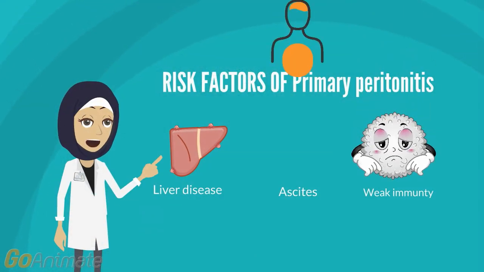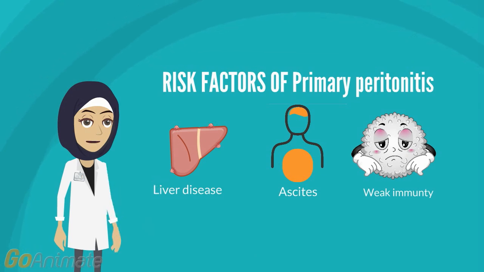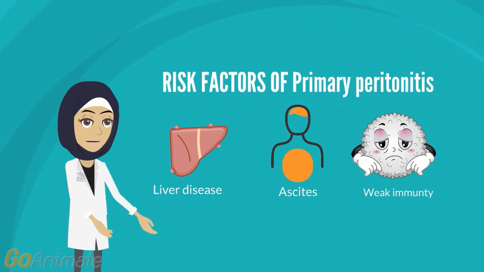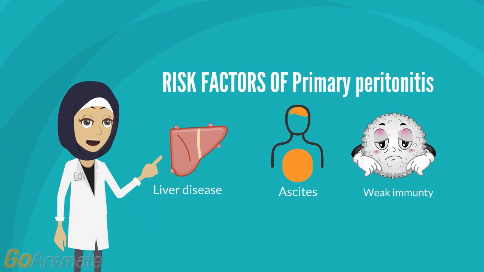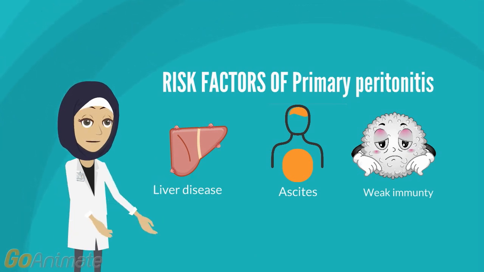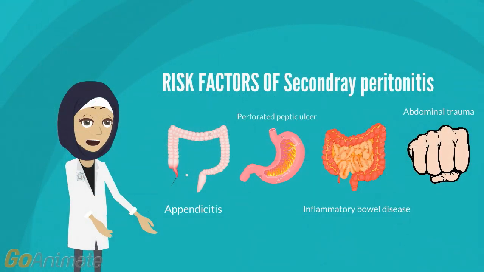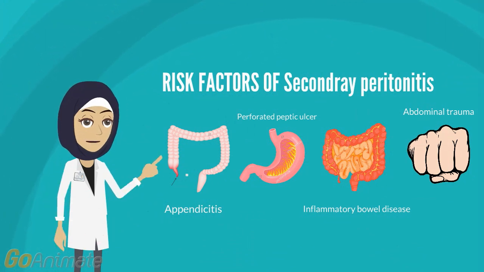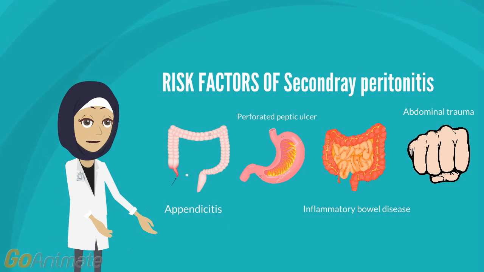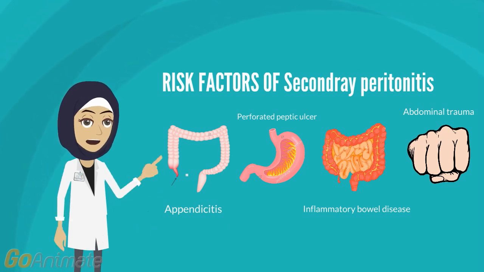It's one of the risk factors of the primary peritonitis, which also include liver disease or cirrhosis, accumulation of the fluid in the abdomen or ascites, and weakened immune system. Does this also apply for the secondary type? Well, no, actually there is a difference between the risk factor of the other type, which include appendicitis, perforated peptic ulcer, inflammatory bowel disease, and abdominal trauma.